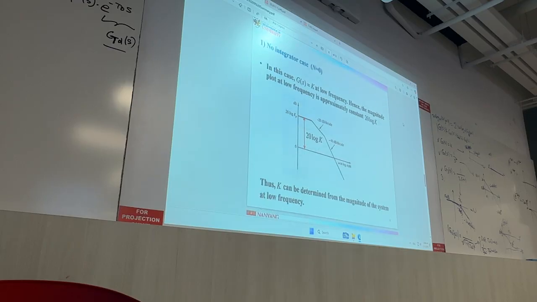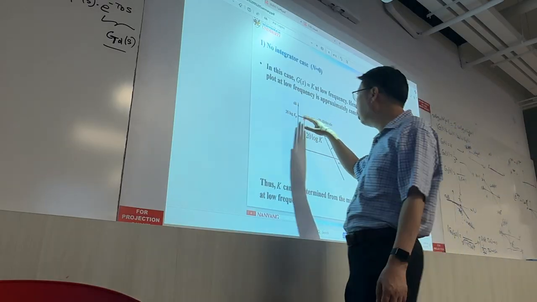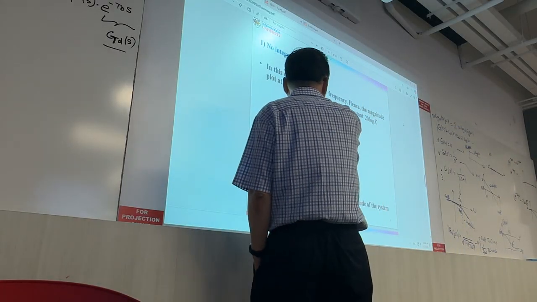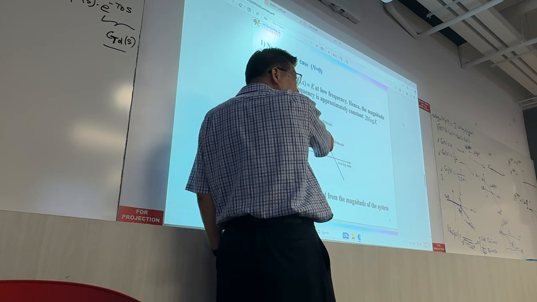So if n is 0, the left portion is flat. It's flat because it's only a constant. So we stop here, but it does not mean that there's no value on this side.